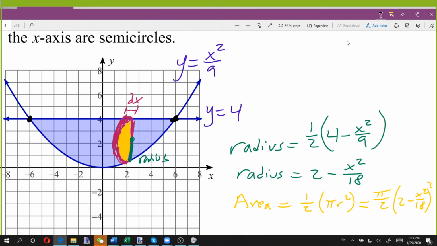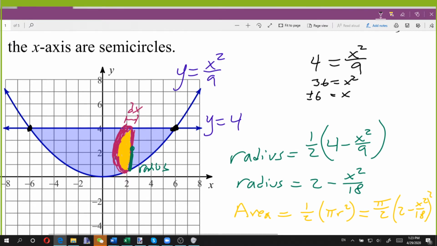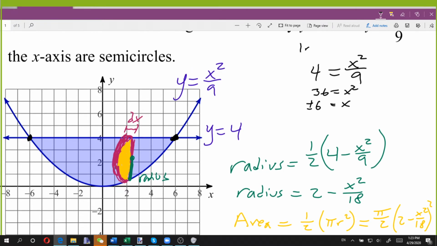I will make an equation: 4 equals x squared over 9. Perfect. Okay, so that gives me 36 is equal to x squared, or x equals plus or minus 6 are my intersection points, which will tell us our start point and end point.